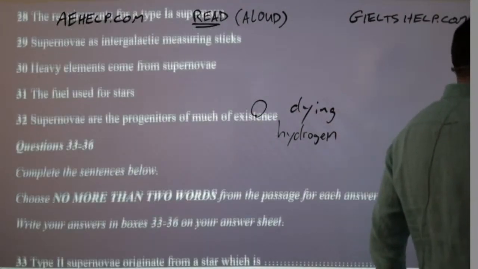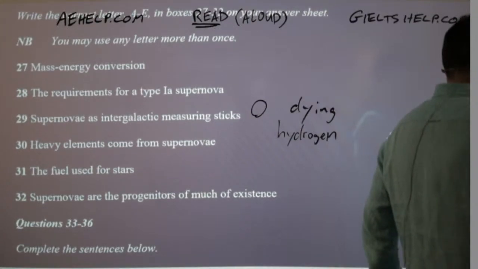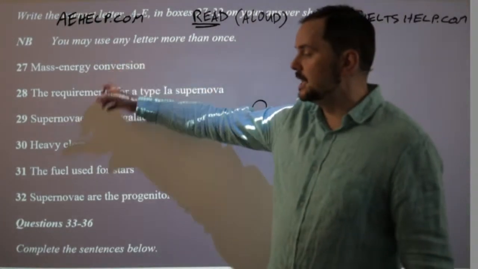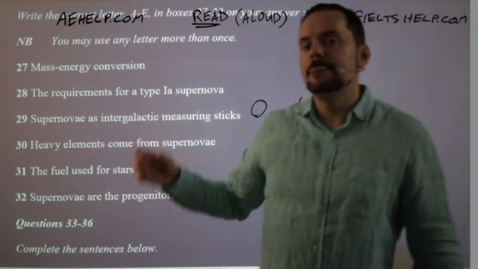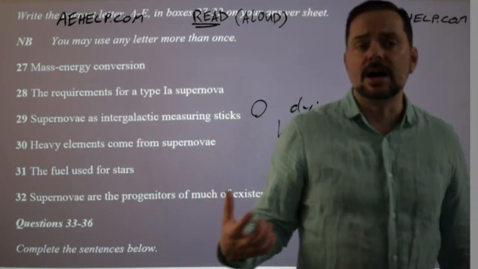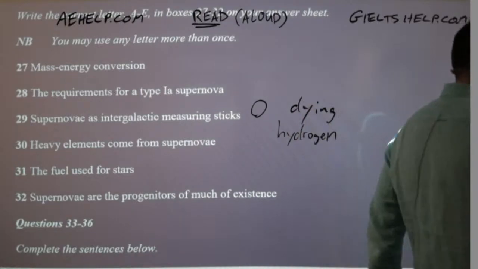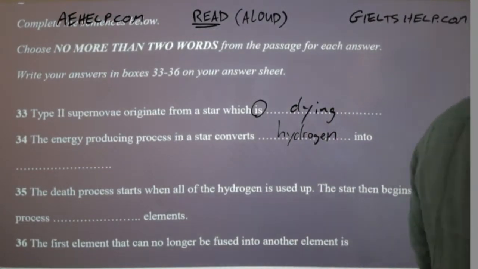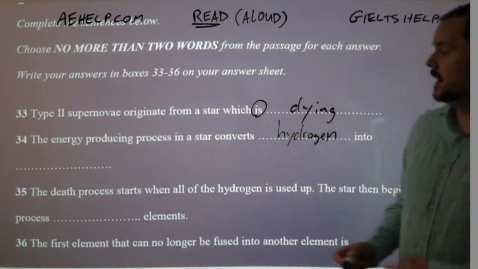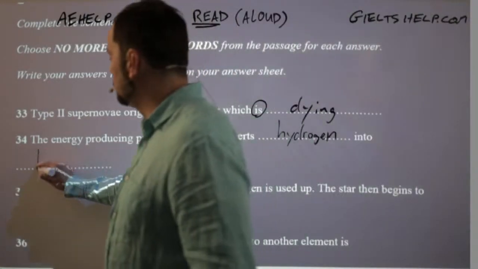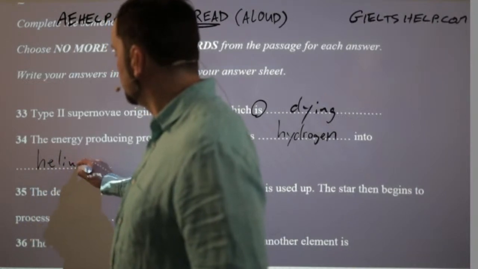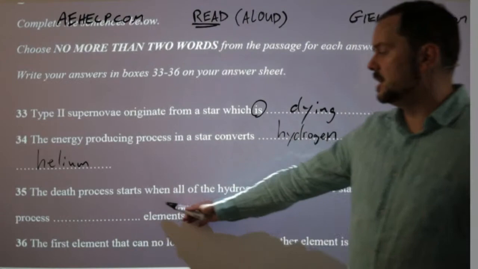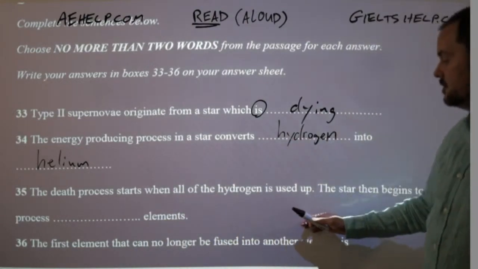And notice how when I read the entire passage and I know the organization of the information, that's going to make answering the other questions much, much faster. Okay? So hydrogen into helium. Okay?